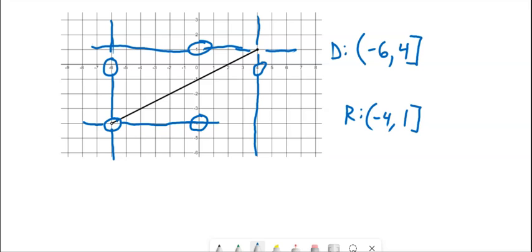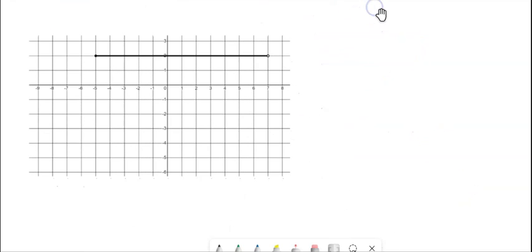We'll do one more example. This one's a little strange, but I'll explain it to you. This is a constant function. Notice that it has an open circle on the right side, but a closed circle on the left side. So we're going to do a bracket on this side, and an open parenthesis on this side.